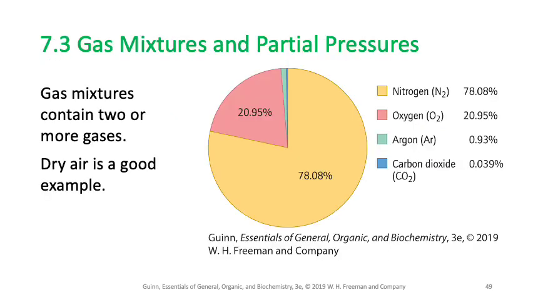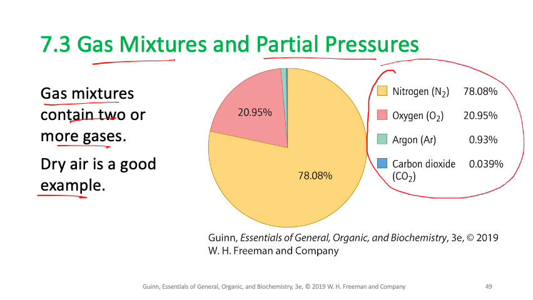So now we're going to talk about our last section for this chapter, which is gas mixtures and partial pressure. So what is a gas mixture? A gas mixture contains 2 or more gases within the same space, right? Dry air is a good example, because air is a mixture of many different gases. It has nitrogen gas, oxygen, argon, carbon dioxide, and some water vapor. They have different compositions of different gases in there.